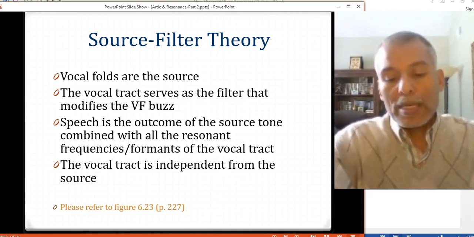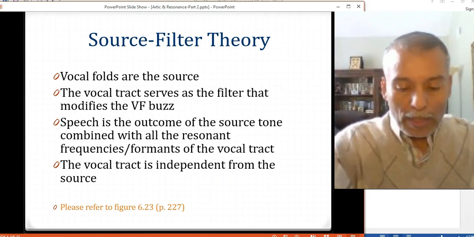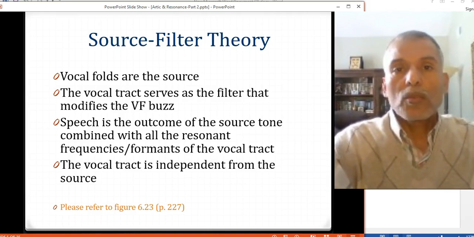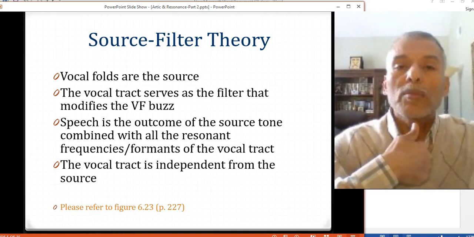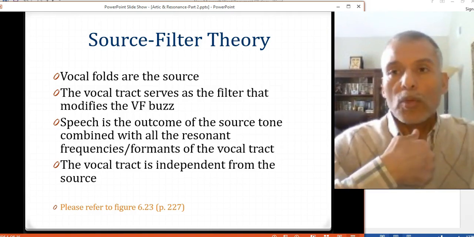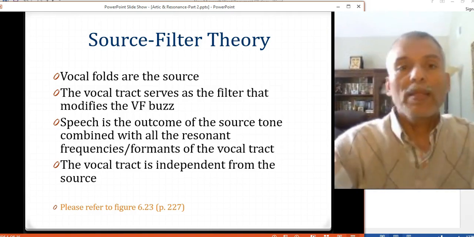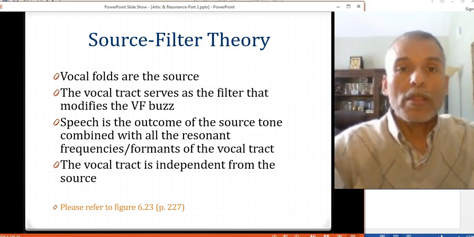In order to understand the functions and characteristics of the vocal tract and how it works with the buzz that comes from the vocal folds, we need to understand the theory called source filter theory.